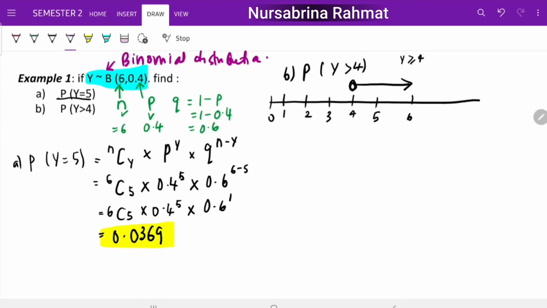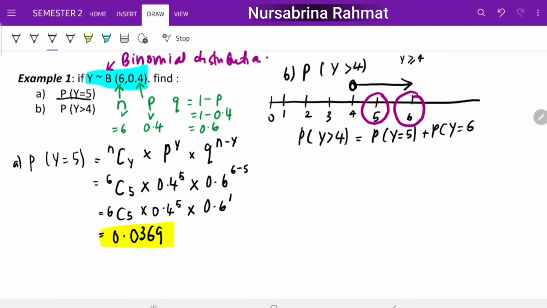It just has Y equals 5 and Y equals 6. So P(Y greater than 4) equals P(Y = 5) plus P(Y = 6). You have to calculate both.